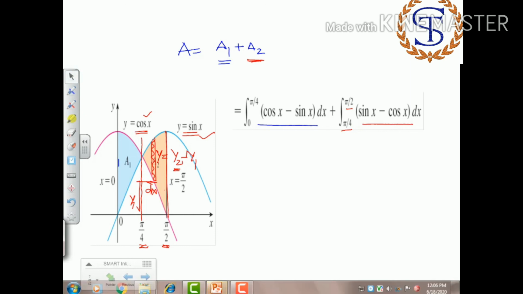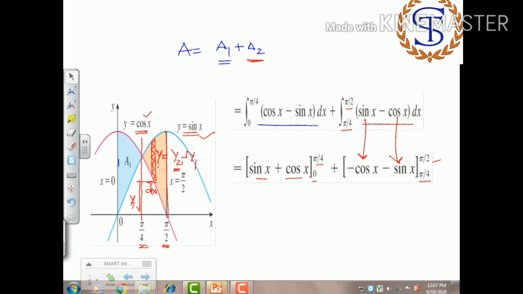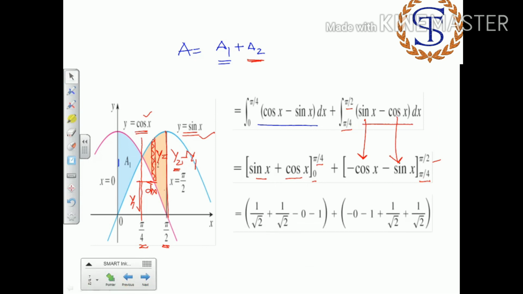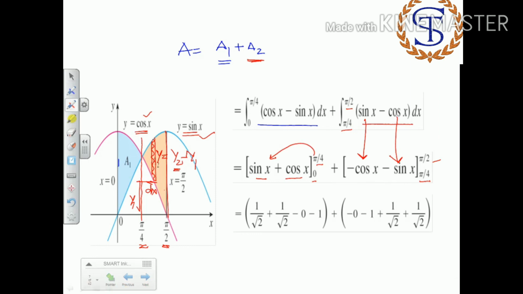Now how can we integrate this? So integration of cos x is sin x, integration of sin x is minus cos x. In the similar way, again the integration of sin x is minus cos x, and the integration of cos x is sin x. And limits are 0 to pi by 4 and pi by 4 to pi by 2. Now after putting the values, first of all put pi by 4 in place of x, then minus put x equal to 0.